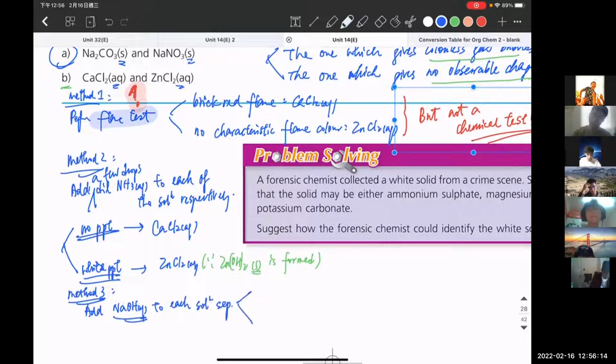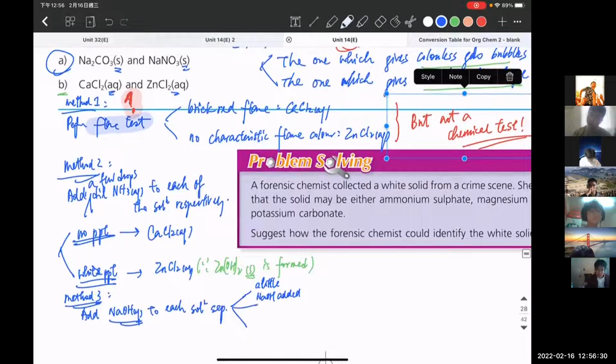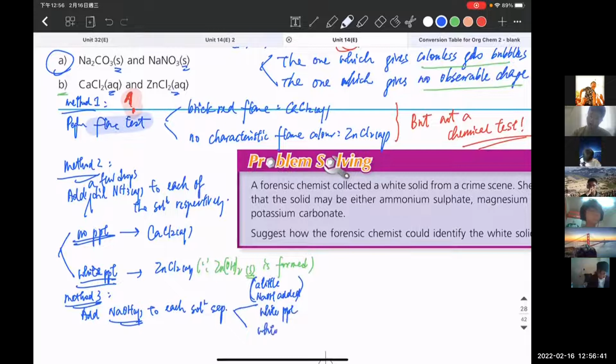Separately, a little NaOH added, two cases, right? And then what will happen? If I add a little amount of sodium hydroxide, both will form white precipitate.